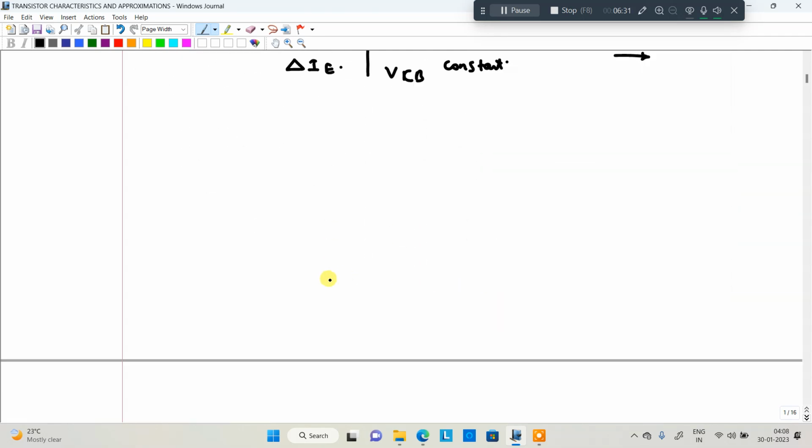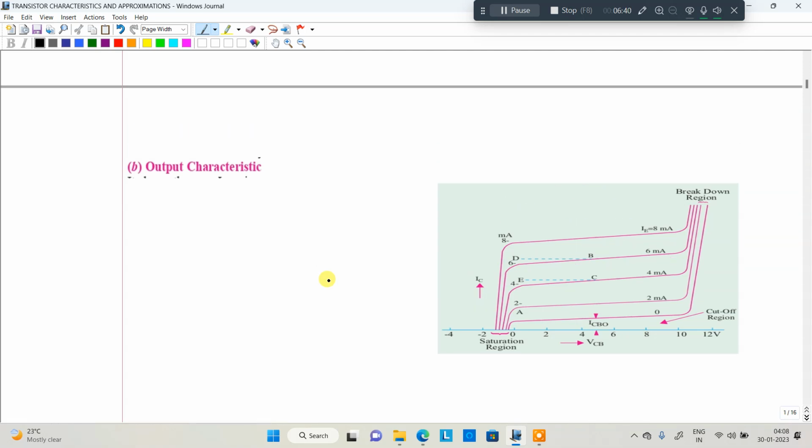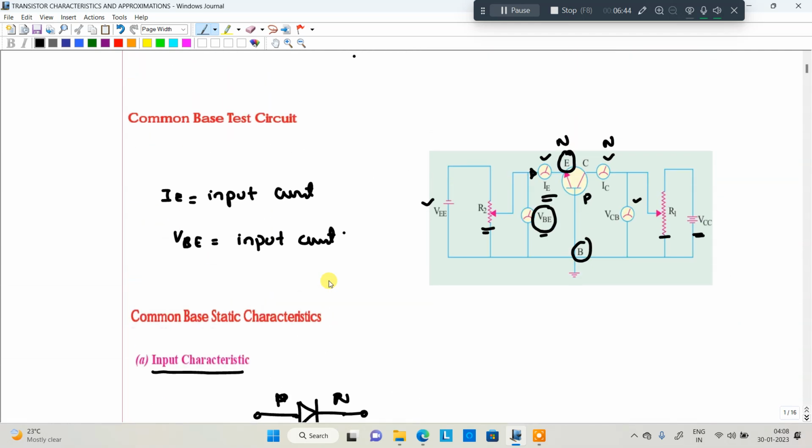Everyone is clear about the input characteristics, I guess. Okay. Next we are moving to the output characteristics. The output characteristics are drawn between the output parameters. First identify what output parameters we have: the collector current IC and the voltage VCB.